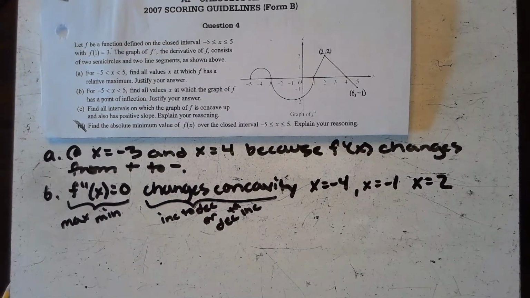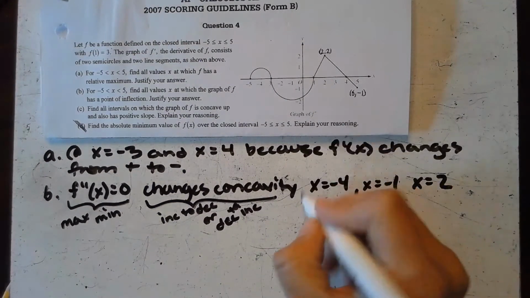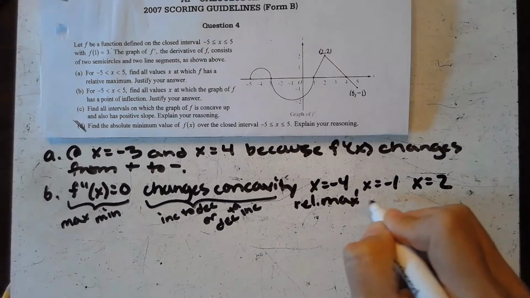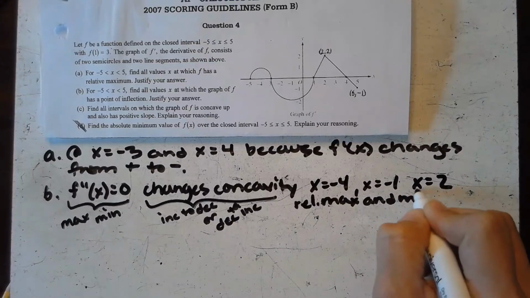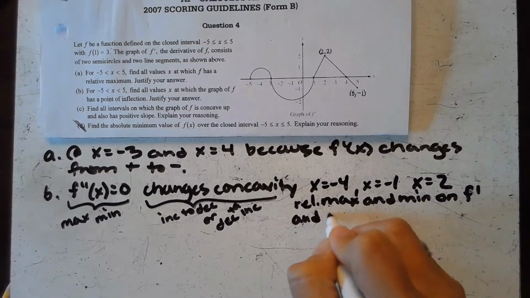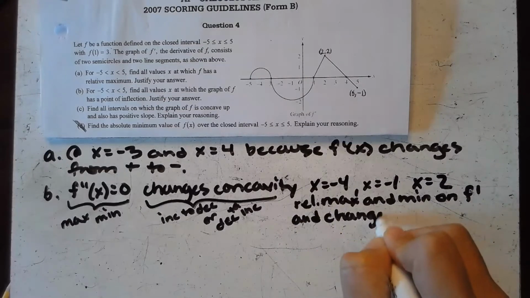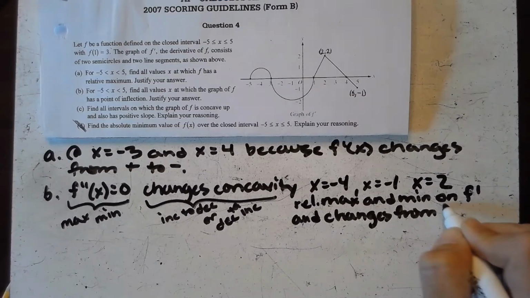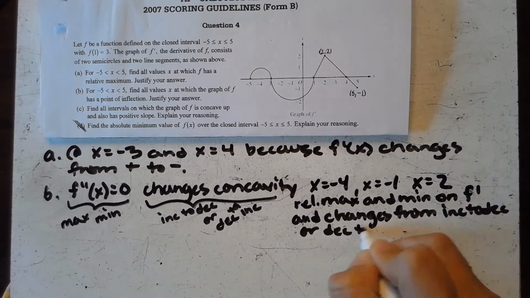Again, when it says justify, you can say on here it's a relative max and min on f prime and changes from increasing to decreasing or decreasing to increasing.